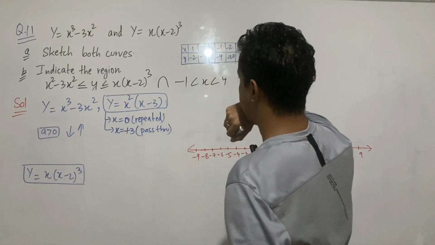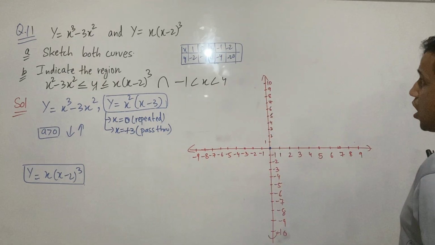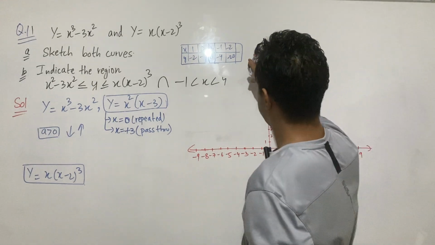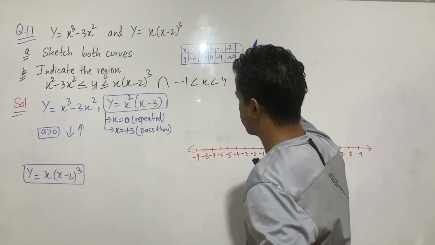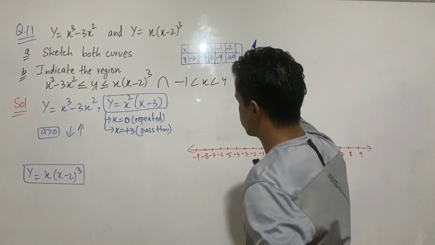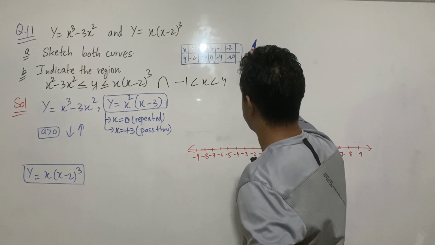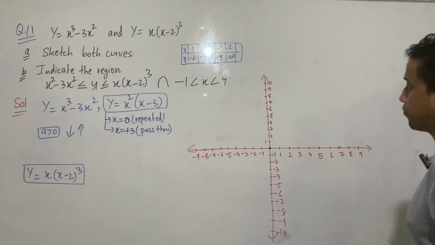Okay, and then take some more positive values. For 4, it's going to be 16. I think we have enough values.